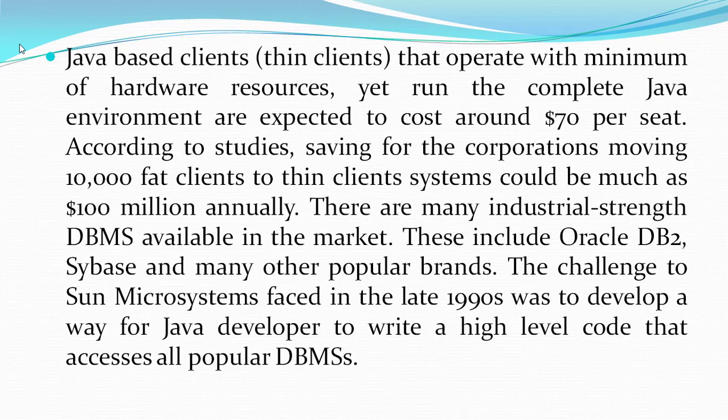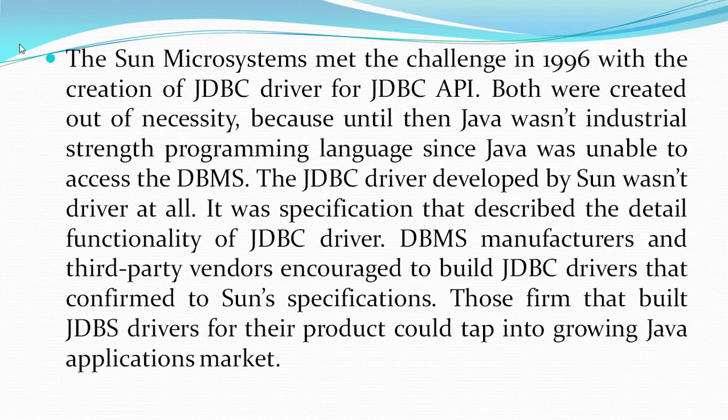The challenge Sun Microsystems faced in the late 1990s was to develop a way for Java developers to write high-level code that accesses all popular DBMSs. Sun Microsystems met the challenge in 1996 with the creation of the JDBC driver and the JDBC API.